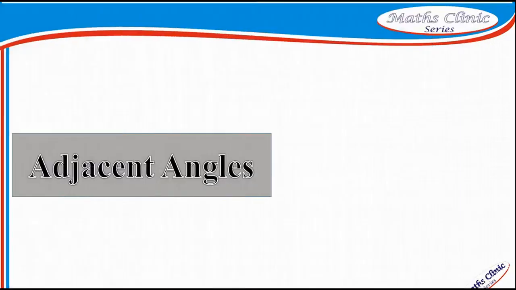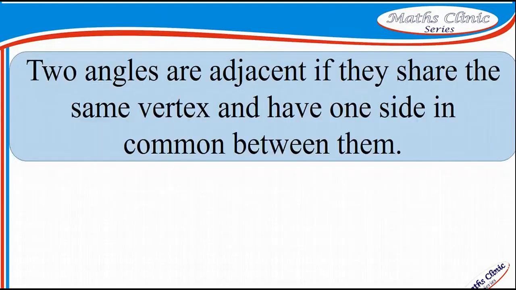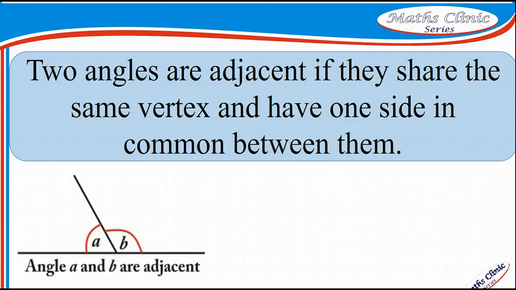Now let's look at, let me call it maybe the last but one aspect of angles, called adjacent angles. Two angles are adjacent if they share the same vertex and have one side in common between them. So we can see these two angles are on the same straight line and share the same vertex.